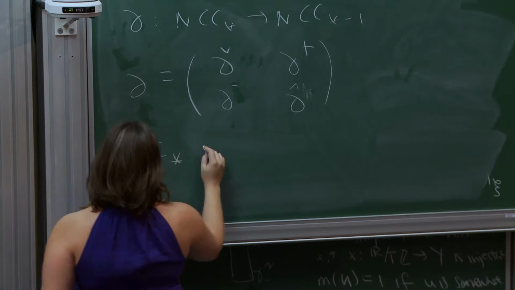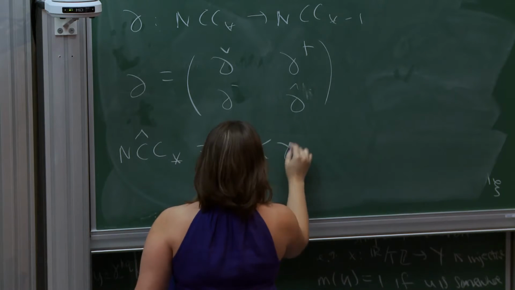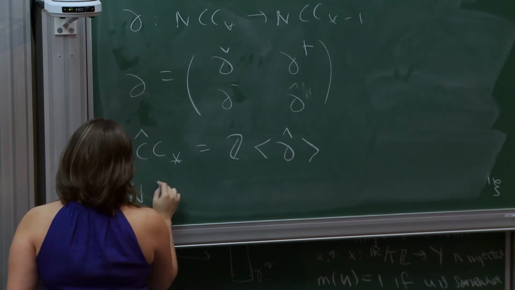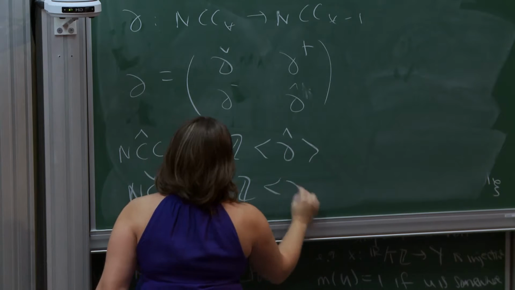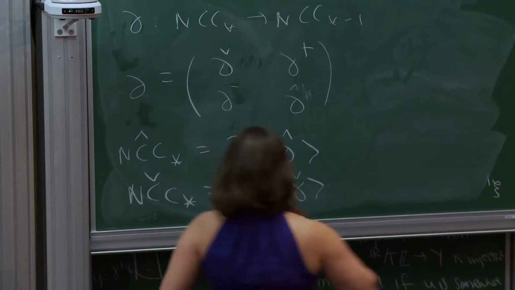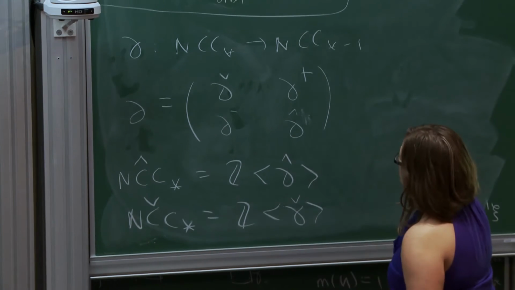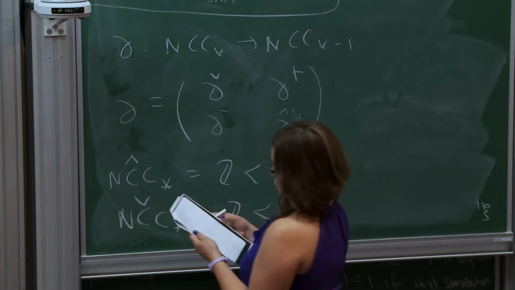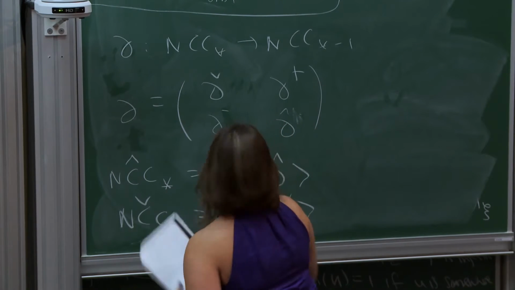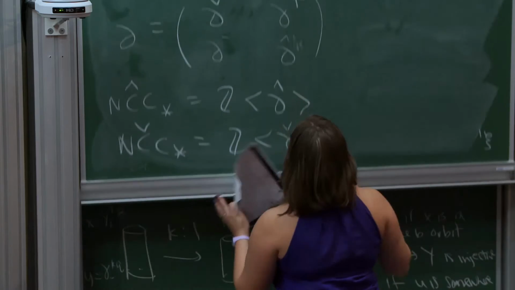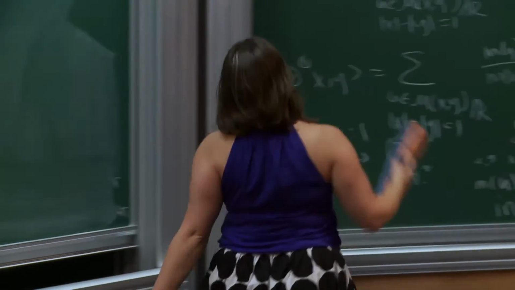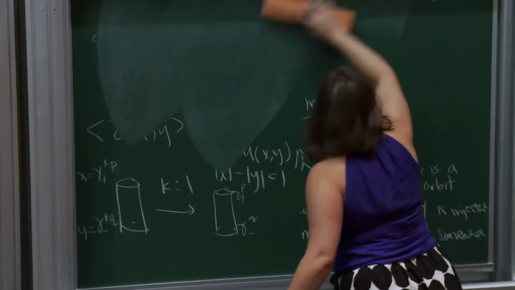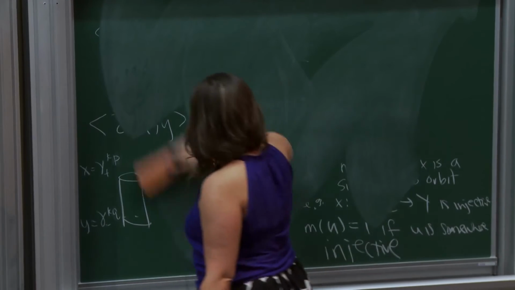So hat is just Z generated by this guy, and C check equals C. All right, and I promise that you'll see this evaluation map that I just wrote down show up.